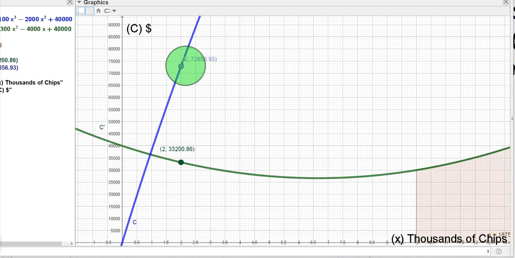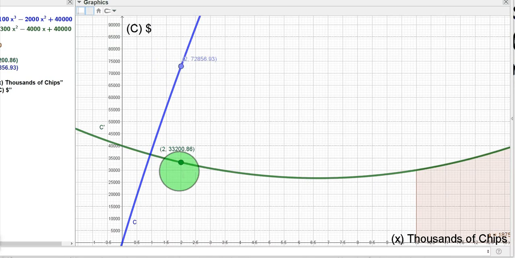Okay, so that gives you an understanding as far as what the original means. So what about marginal cost? Marginal cost is this green graph, which is C prime. If we look at the y value there, we get 33,200 at 2,000. So what does that mean? Well, this just gives you the slope of the tangent line here.